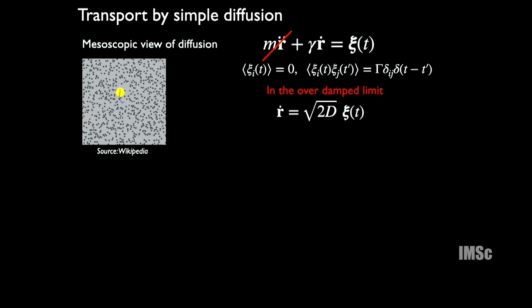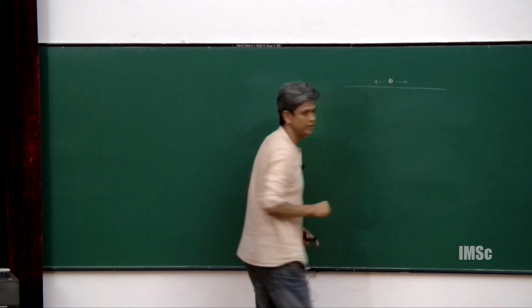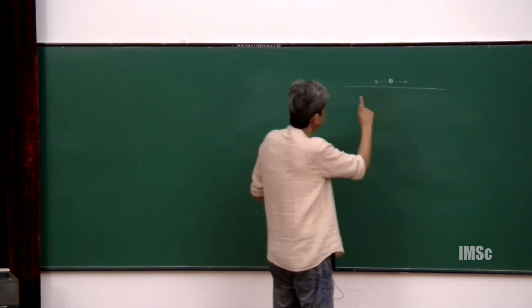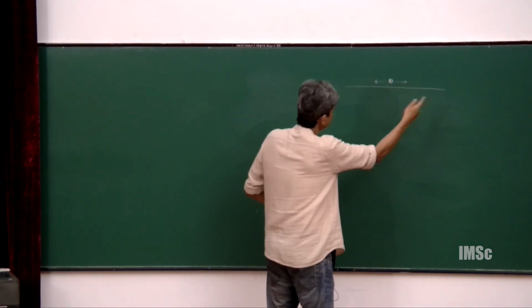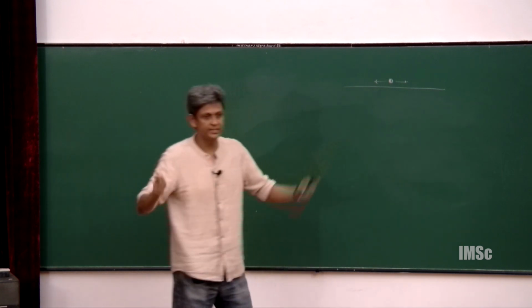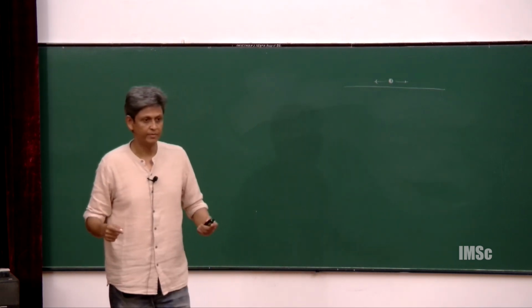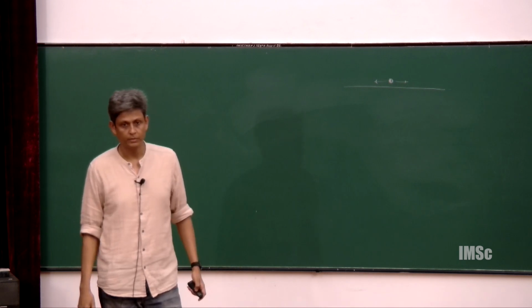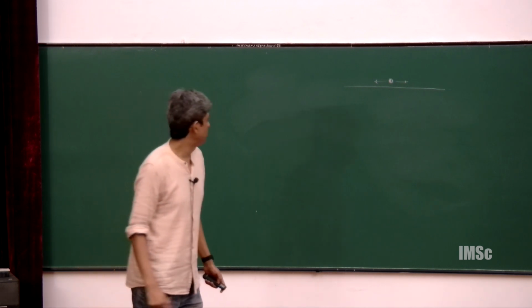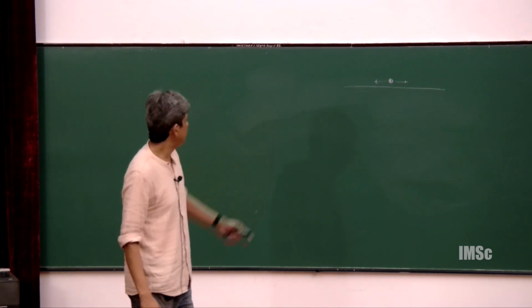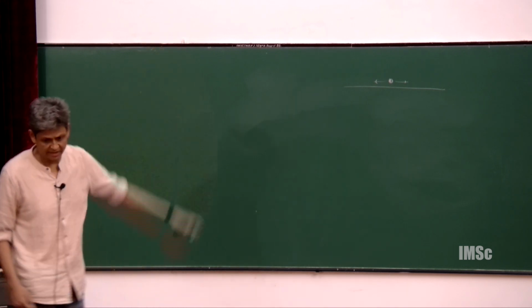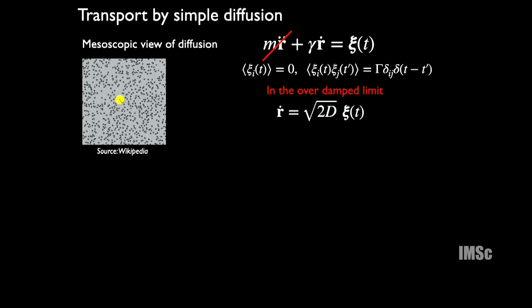It can either move to the left or to the right, and this moving either to the left or to the right is completely random. So there is some probability associated with it. If you can work out this problem, this is equivalent to what I have written. So this is for a single particle.